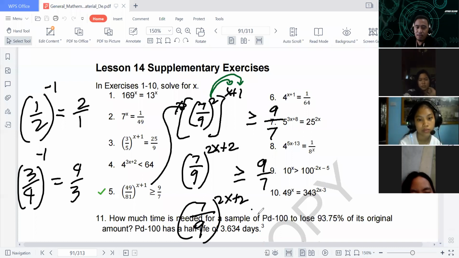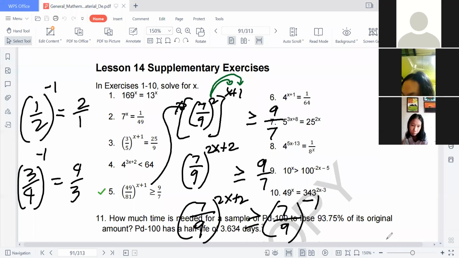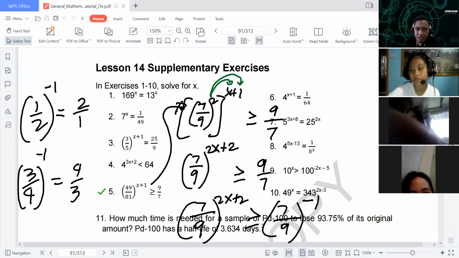This can be written as 7/9 raised to the power of -1. Right? Correct? Yes, sir. So after that, they have the same base.